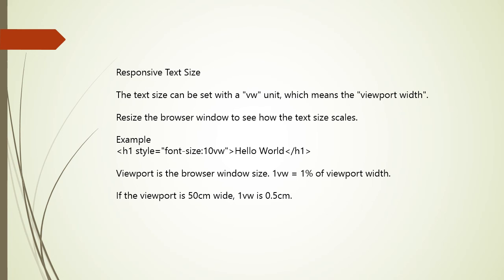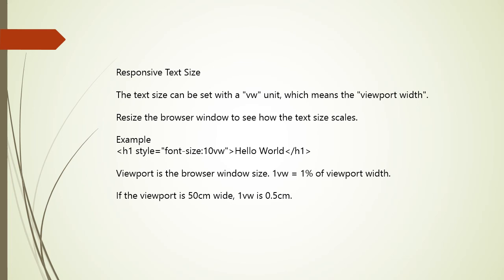Next is responsive text size. The text size can be set with a vw unit, which means viewport width. That way, the text size will follow the size of the browser window. Hello World, for example: resize the browser window to see how the text size scales.